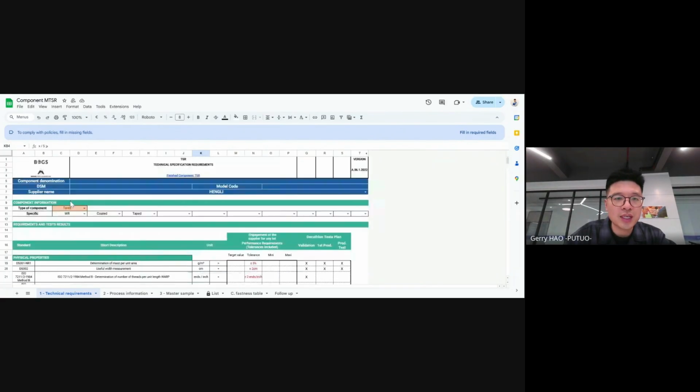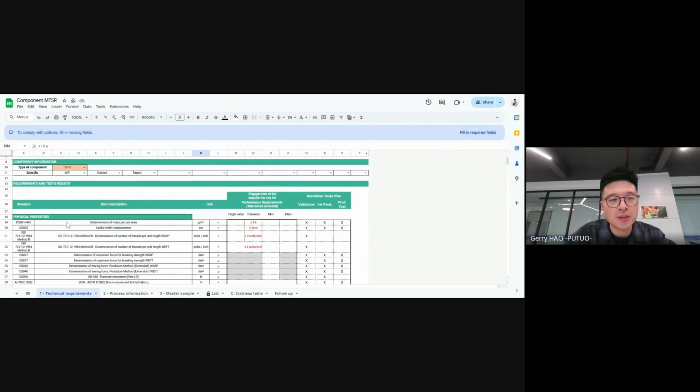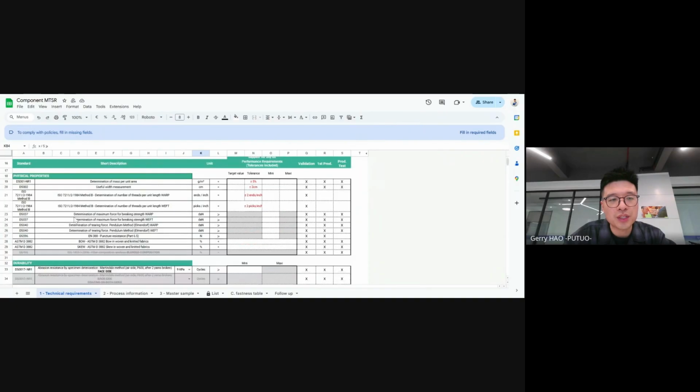The first page, we call it technical requirements. On the first page, you will find the basic physical properties like the weight, the breaking force and tearing force. These are the basic requirements.